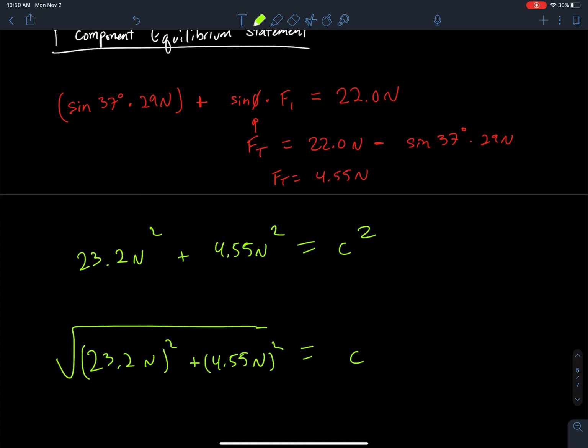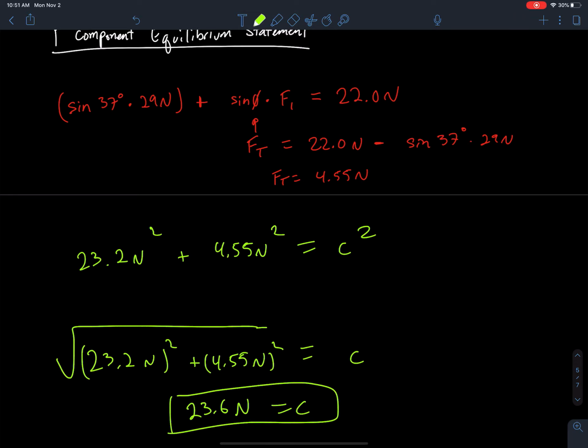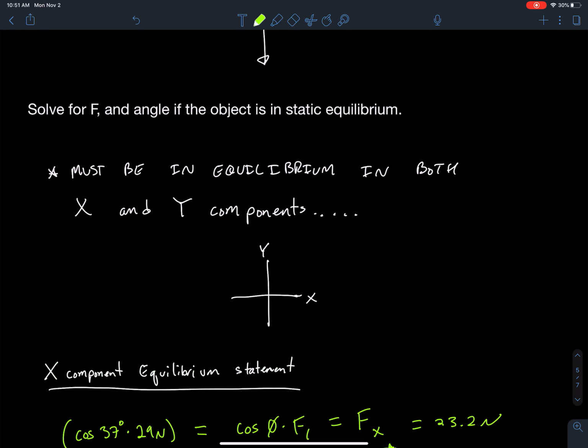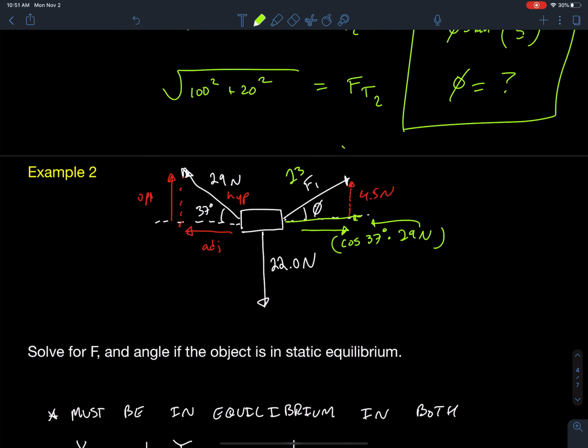If I do all that, I'm left with 23.6. So this should be 23.6. And with that number, I should be able to solve what this angle is going to be using trigonometry. I can also use just this number, 4.5.